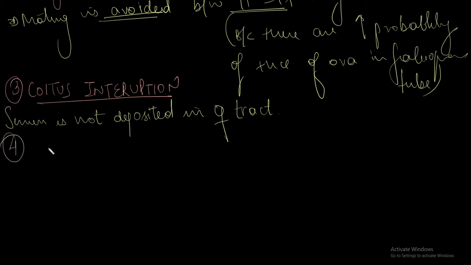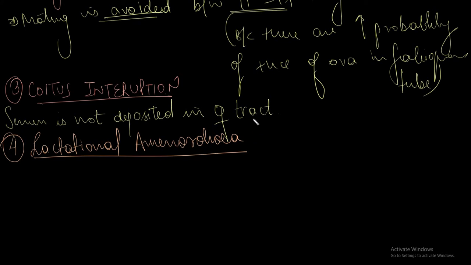The fourth method is lactational amenorrhea. Now students, mark this as important. Lactational amenorrhea is also called the natural phase of contraception.